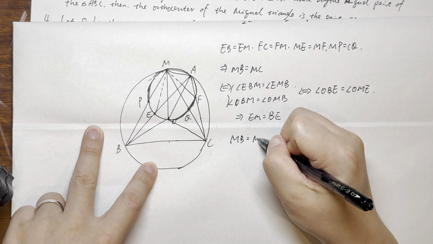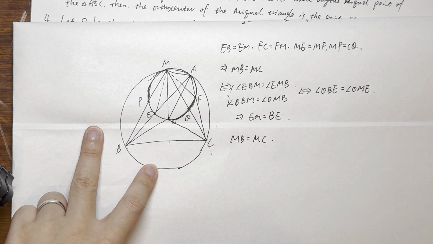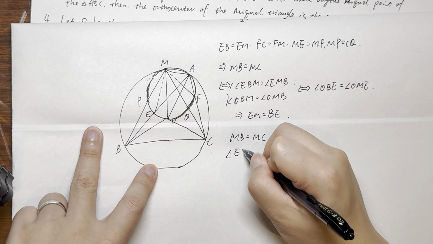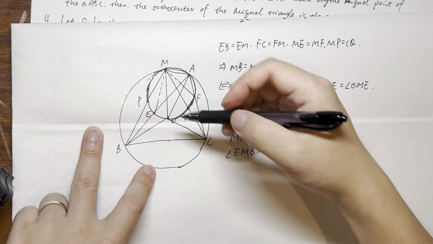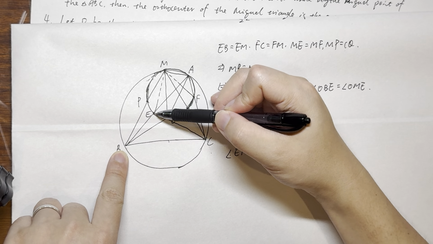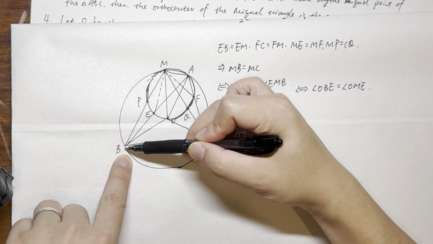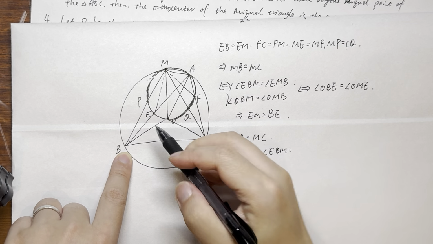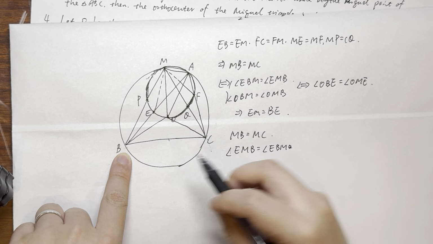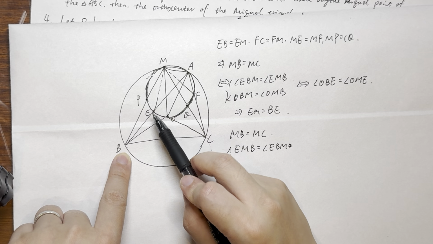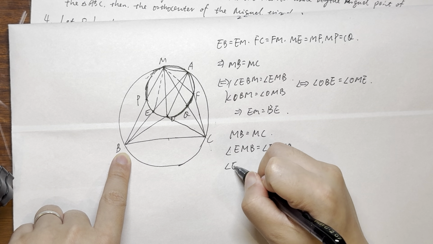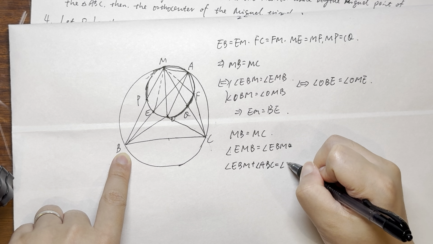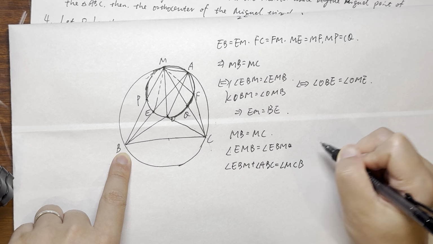And angle EMB equals angle EBM, which is, if we think about it this way, angle EBM plus angle ABC equals angle MCB.